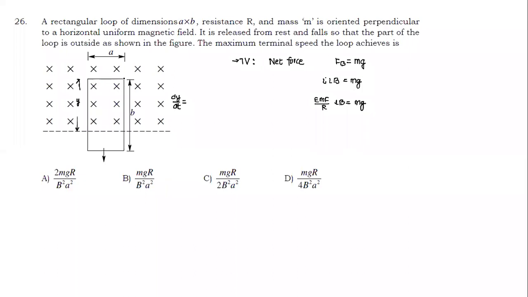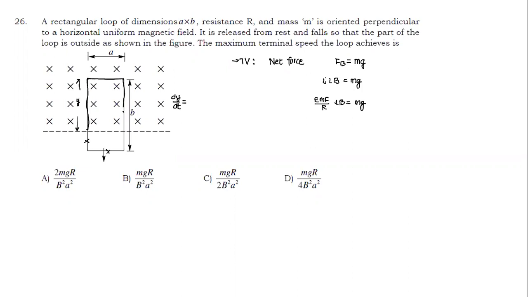The other way I can calculate is motion of a conductor in a magnetic field. This part of the conductor is outside, so I'll ignore these two. I can think of what part of the conductor is moving in a magnetic field. This is a uniform magnetic field.